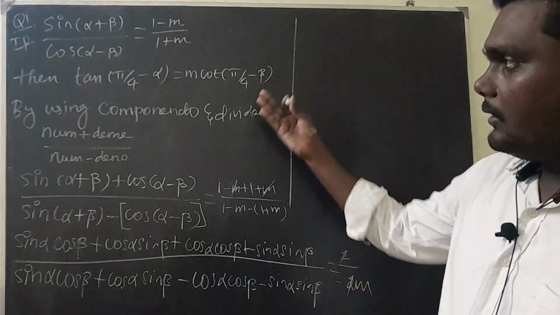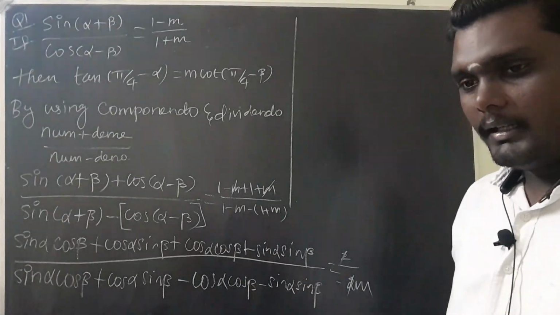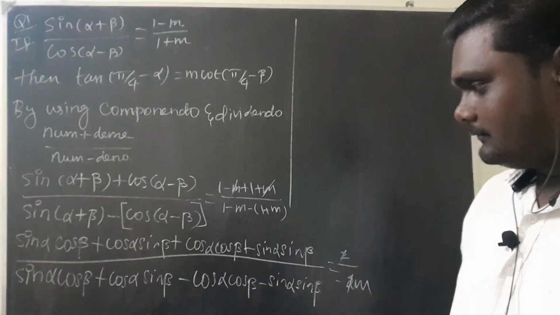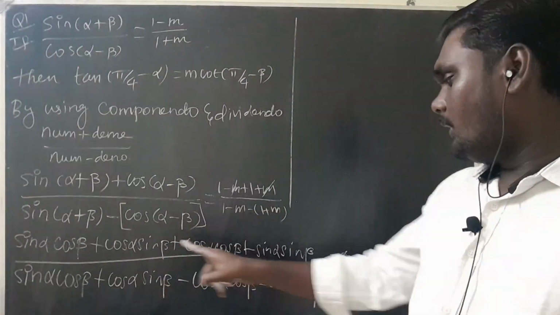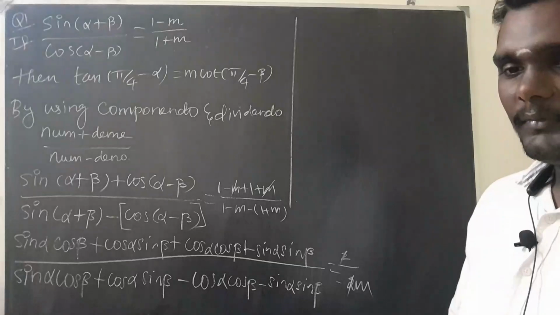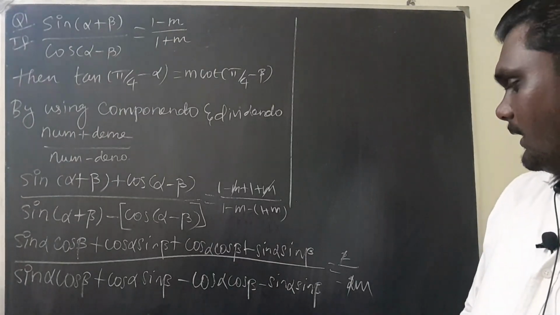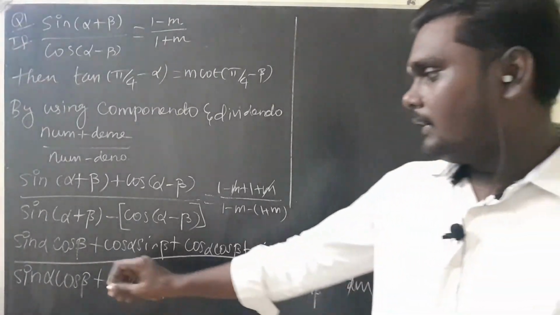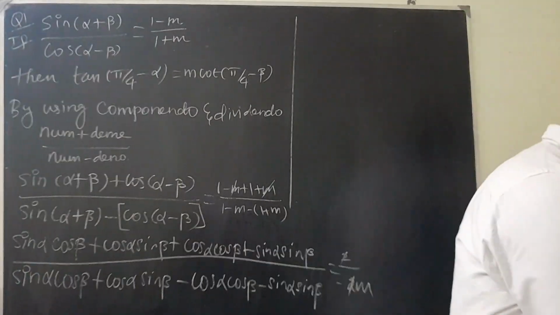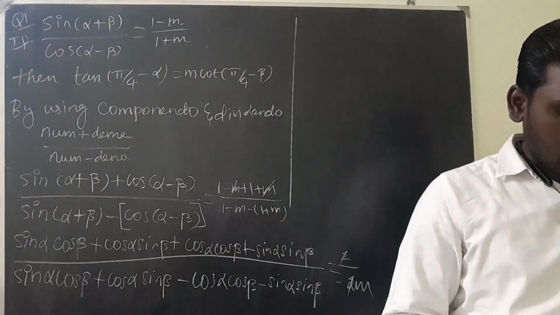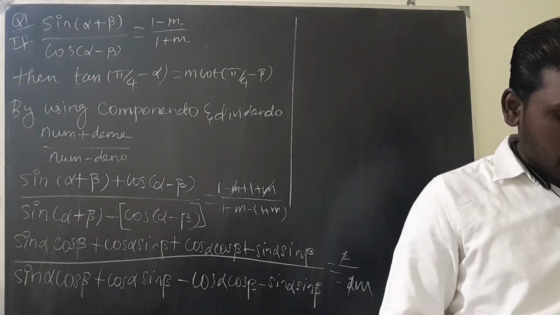See, we got this one complicated, really complicated. Is it? How big is this? So now we are going to take something common out from here. What can be taken out as common? See, either we can take sin alpha cos alpha, or else each one we have to take out separately.